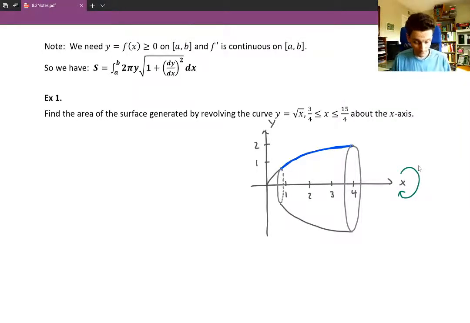If we're rotating about the x-axis like this, then the place where we're going to get these circle cross sections are going to be perpendicular to that.